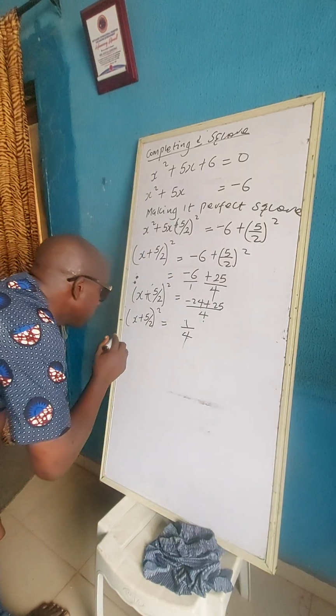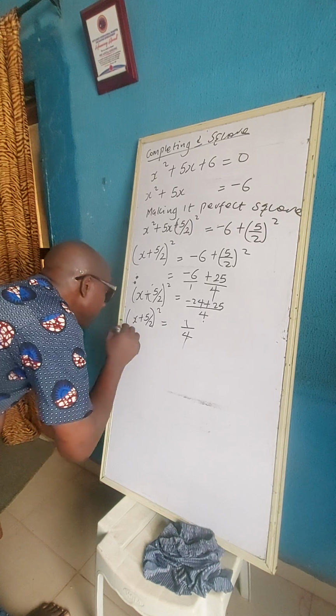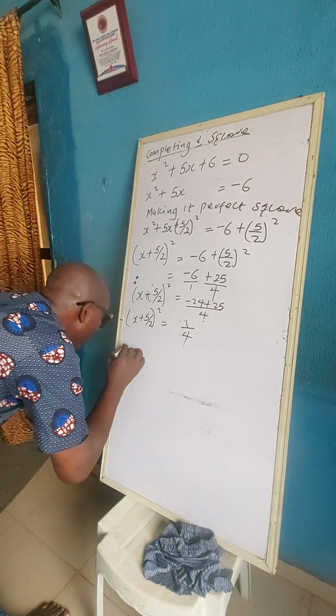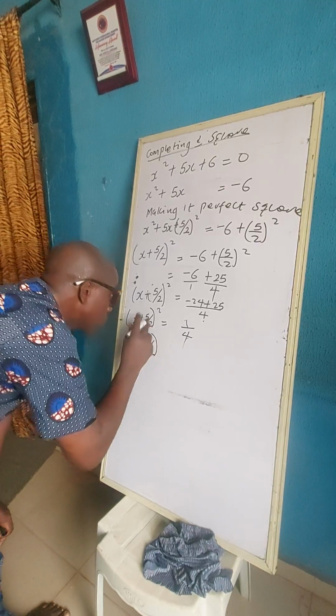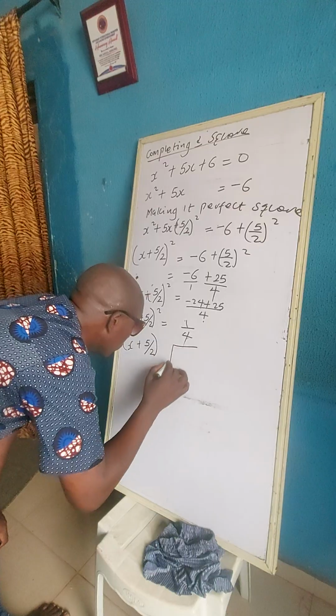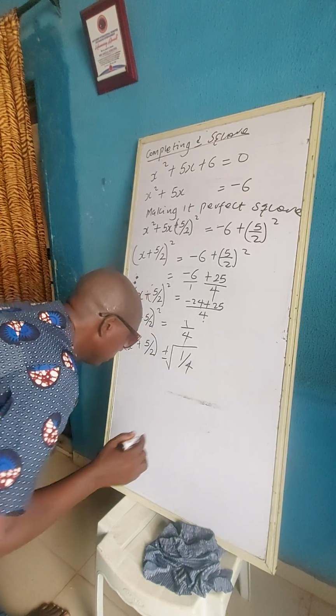Then let the square go to that side. It becomes x plus 5 over 2. When the square moves to that side, it becomes square root, plus or minus 1 over 4.